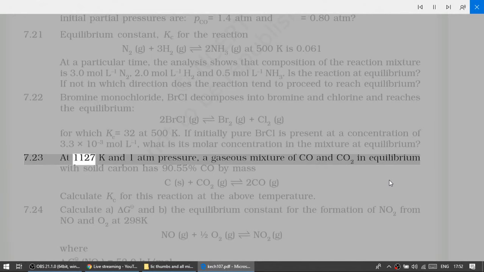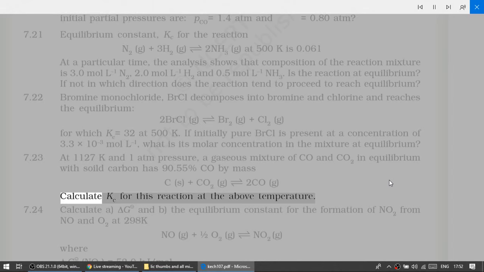7.23 At 1127 K and 1 atm pressure, a gaseous mixture of CO and CO2 in equilibrium with solid carbon has 90.55% CO by mass. C(s) + CO2(g) ⇌ 2CO(g).